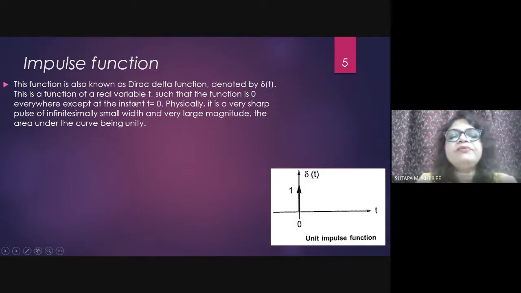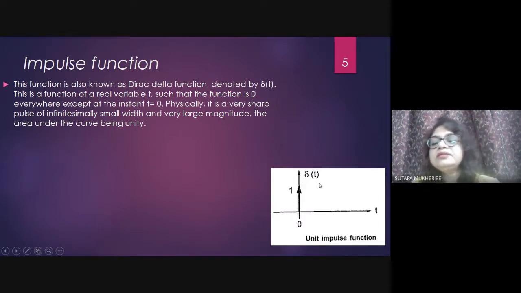This is a function of a real variable t such that the function is 0 everywhere except at the instant t equal to 0. What I have told you is that the Dirac delta function or impulse function will have a value at t equal to 0 only, and other than t equal to 0, the value of the function will be what?